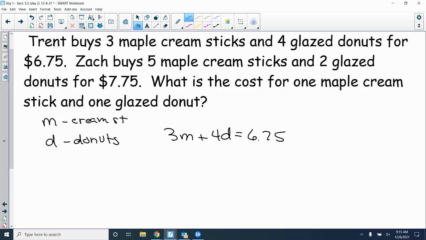We just did the 3, we did the first one already. Oh. 5M plus 2D equals 775. Now, other than the fact that you got money here, is this any different than the other 2 up above? No.